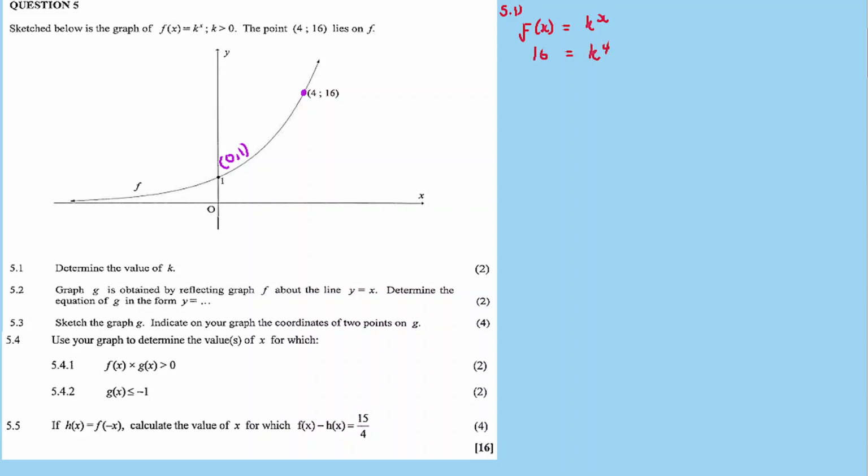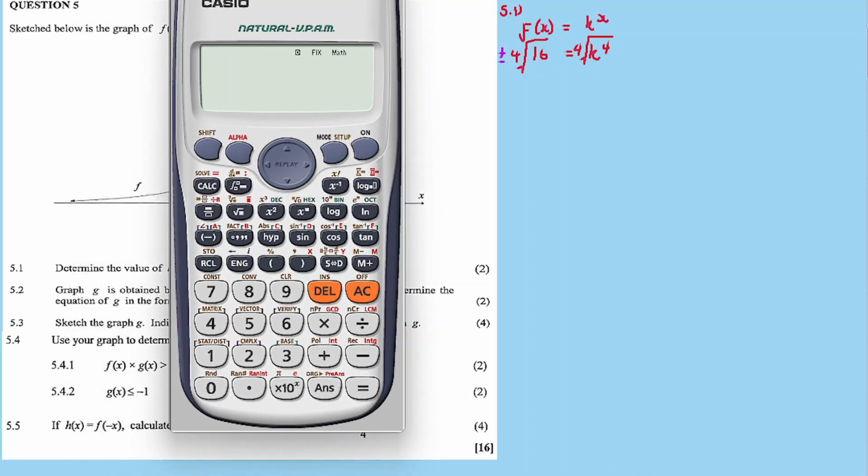So it's going to be 16 equal to k raised to exponent 4. So y is 16, x is 4. And then we take the fourth root on both sides of the equation, looking at plus or minus, right? Because the fourth root is an even root.